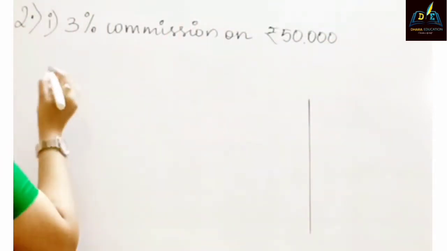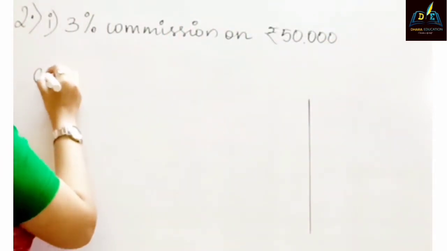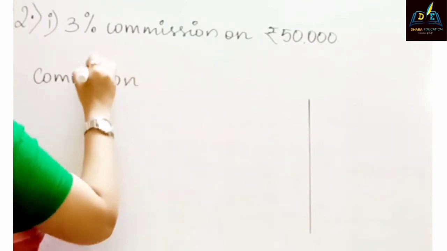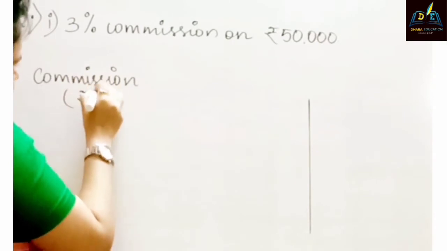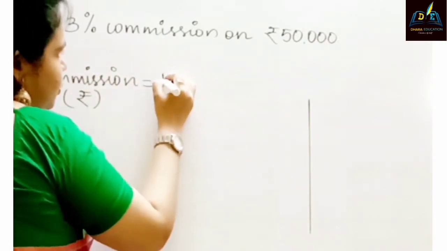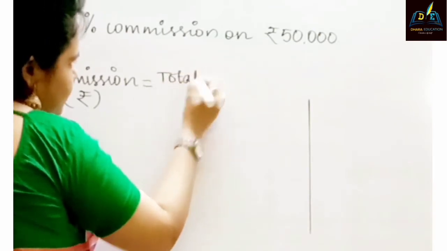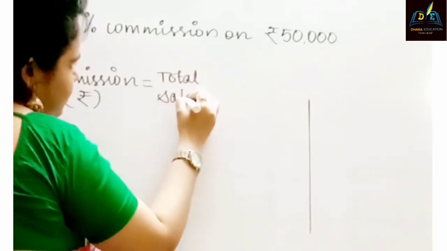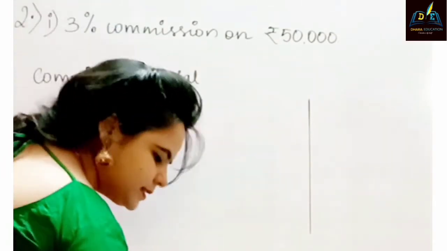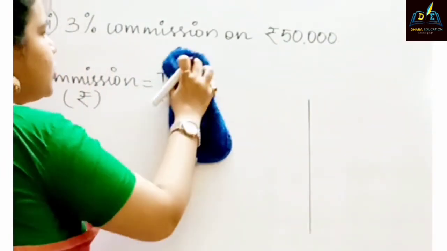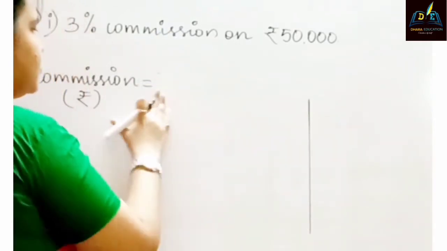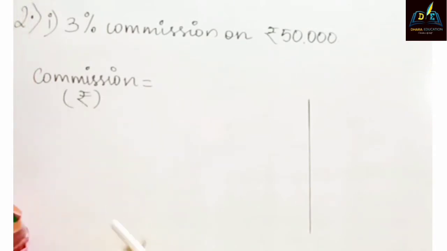All right. So now commission in rupees is equal to sales. We cannot write total sales exactly, we can take only sales, because the total sale is 2 lakh and we are just taking 50,000 out of 2 lakh.